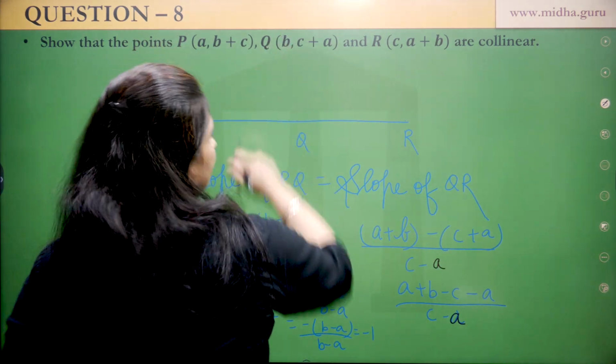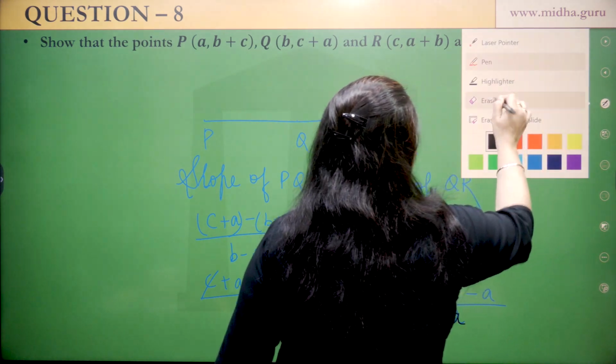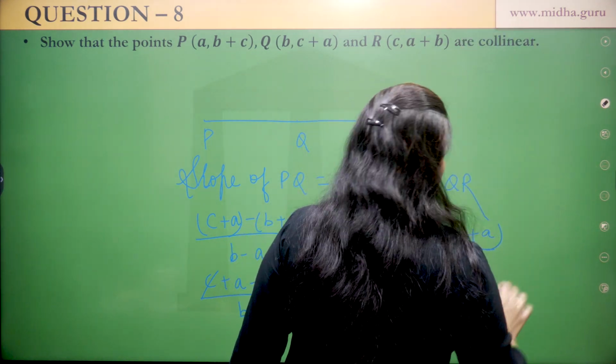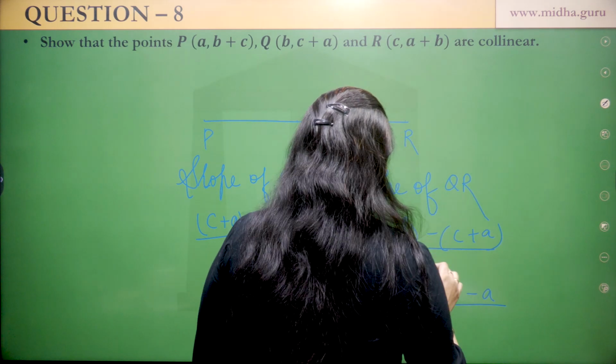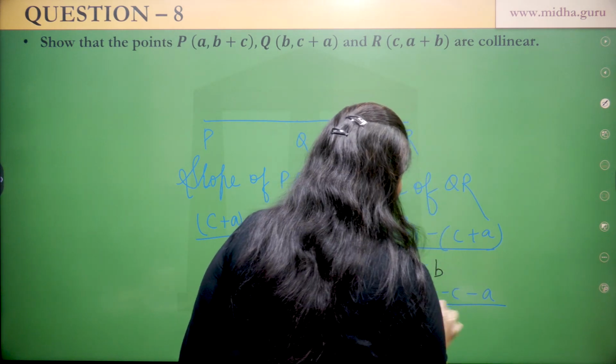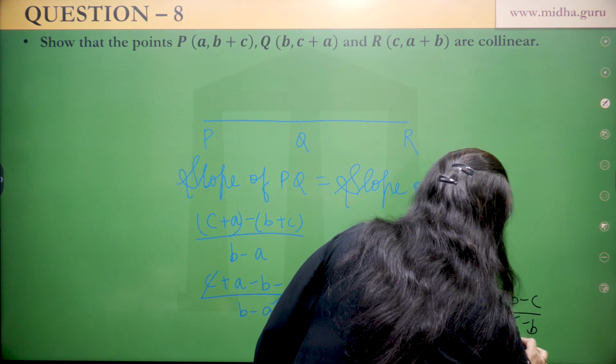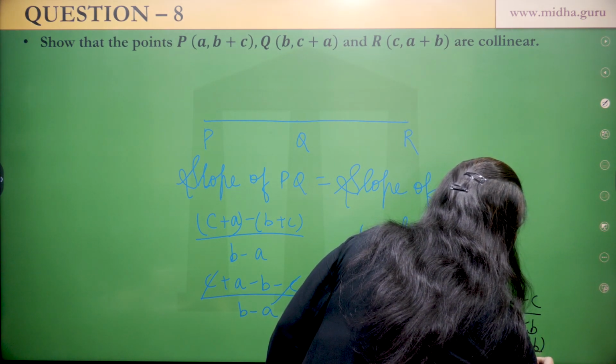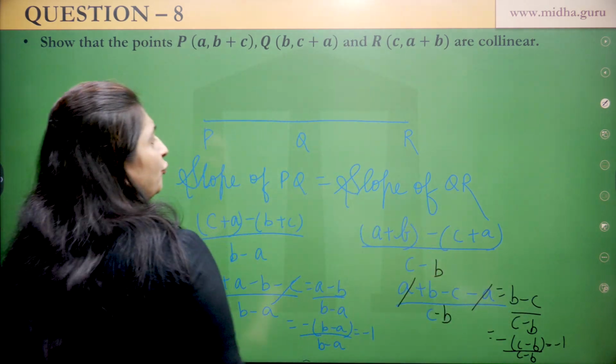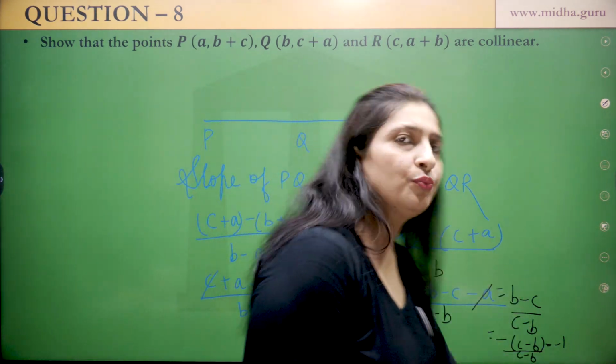And here it is C minus B, okay, it's a B, not an A. So it will be minus B, and we have got the answer. So it is B minus C by C minus B. Again we'll take minus common, and we are getting minus 1. So we have proved the slope of PQ is equal to the slope of QR.